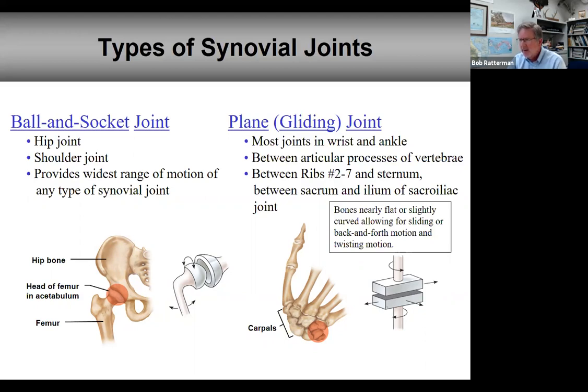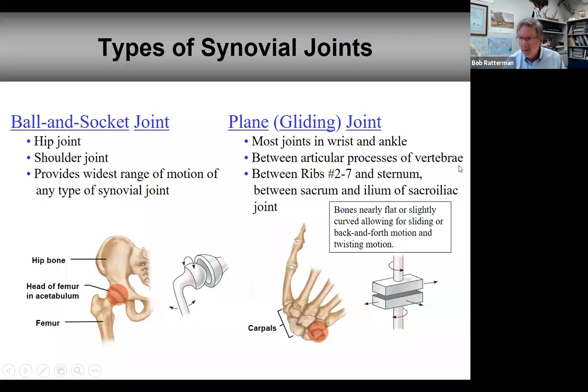You might also remember we talked in the previous module about one particular type of synchondrosis cartilaginous joint, which was between the first pair of ribs and the sternum. But we said that the remaining pairs, number 2 through 7, were different.